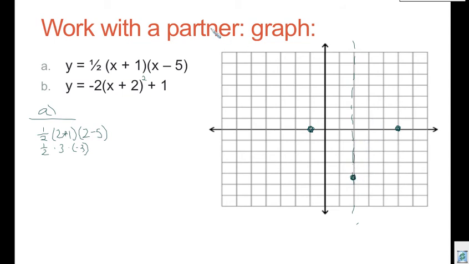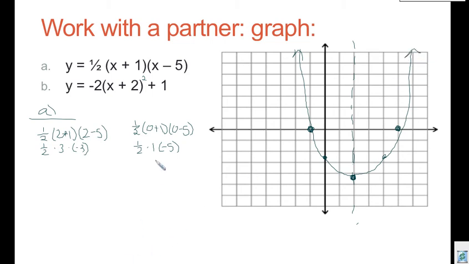And then we could easily find the y-intercept. 1/2 times 0 plus 1 times 0 minus 5. So half times 1 times negative 5, so negative 2.5. And we could add a point, because it's 2 over, so here's another one. So here's that first parabola.